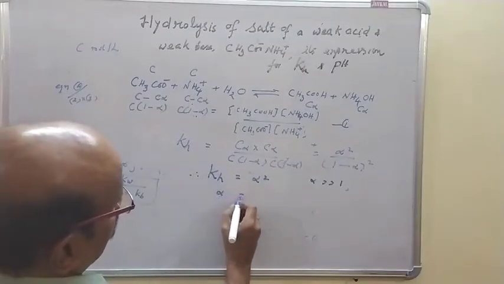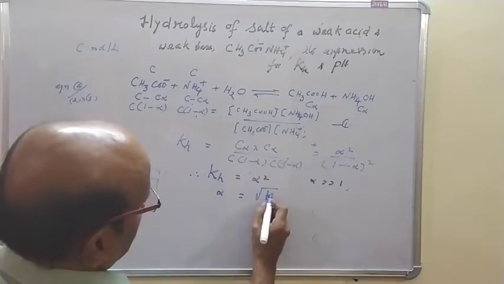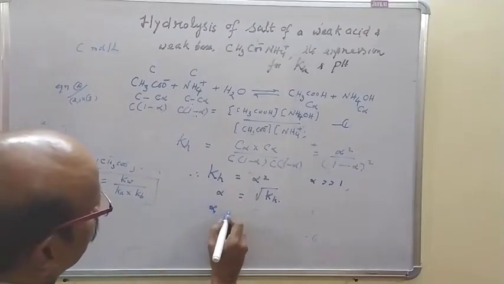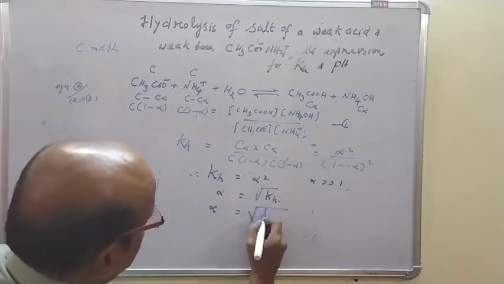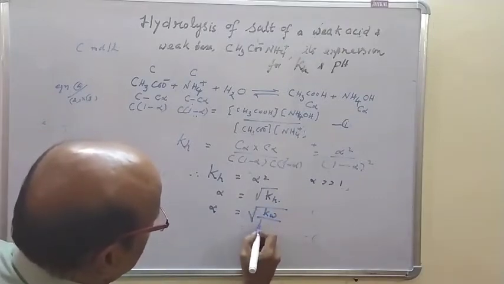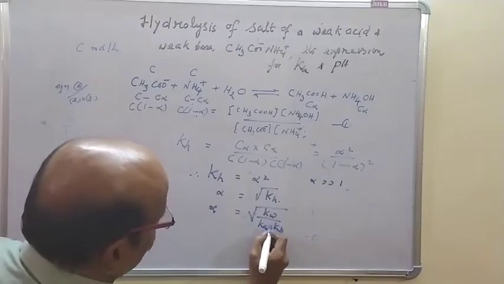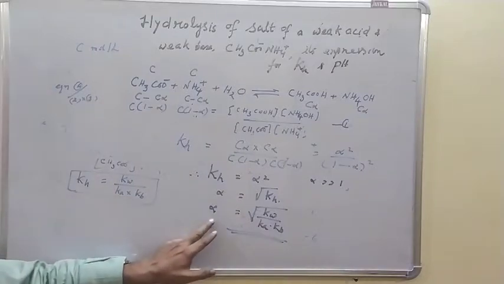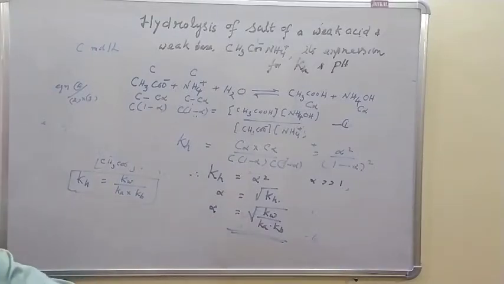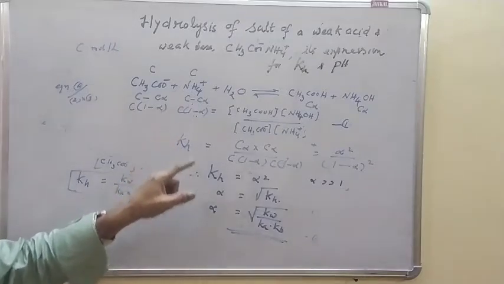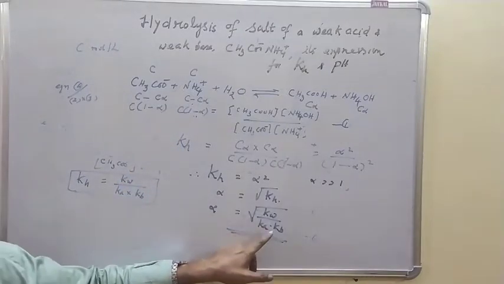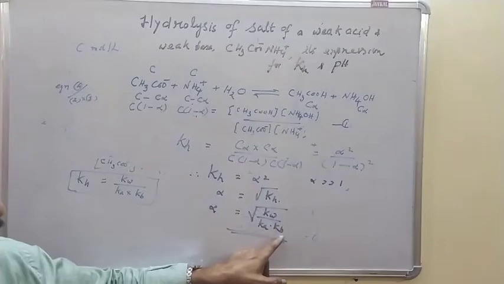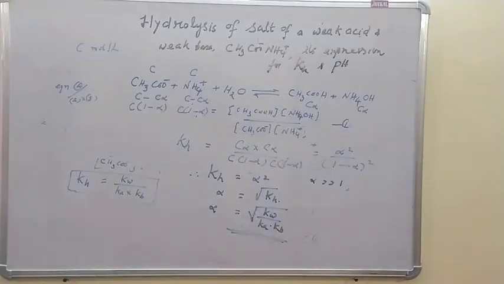Therefore alpha is equal to square root of KH, that is, alpha is equal to square root of KW by Ka Kb. So this is the expression for the degree of hydrolysis of a weak acid and a weak base. The degree of hydrolysis of the salt of a weak acid and a weak base like ammonium acetate is square root of Kw divided by Ka Kb. So we have the expression like this.